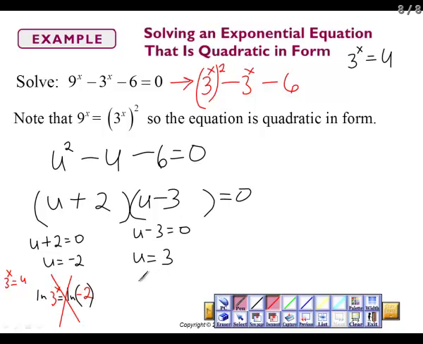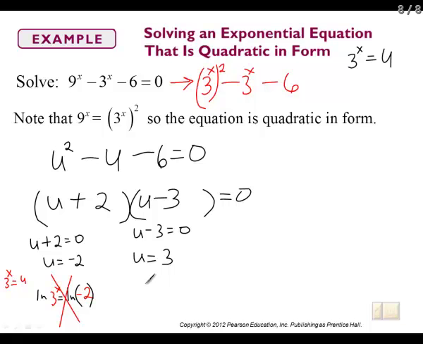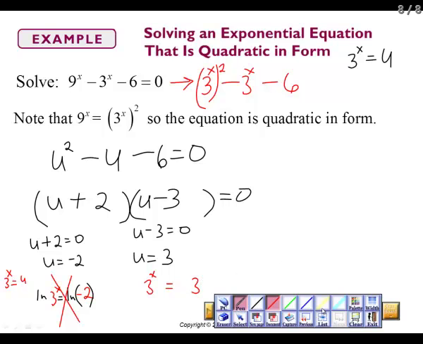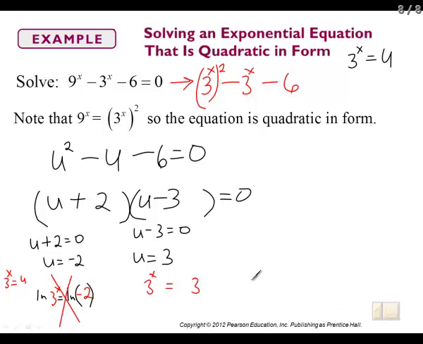Alright, so now we have here 3 to the x, change the u to 3 to the x power, equals 3, and again, you can either change it to logarithmic form or apply log to both sides. It really doesn't matter. We're just going to apply natural log to both sides. And then what do you think we're going to do here?